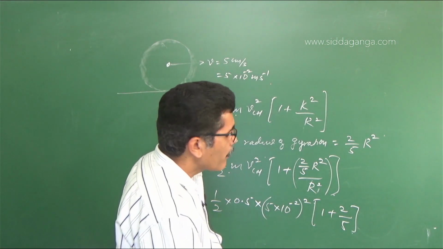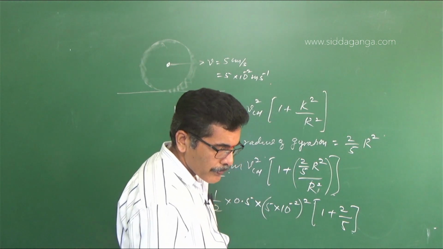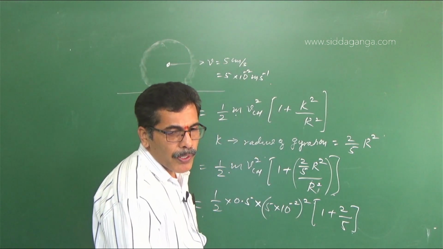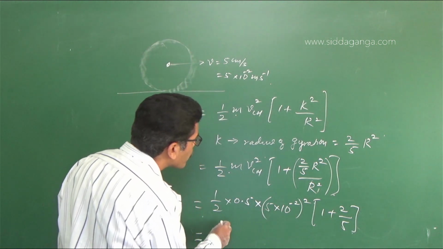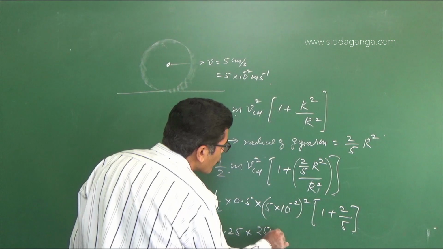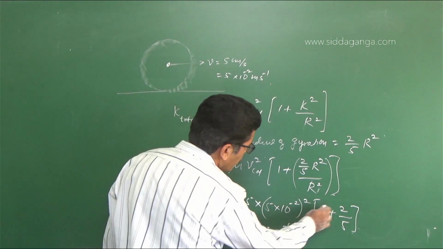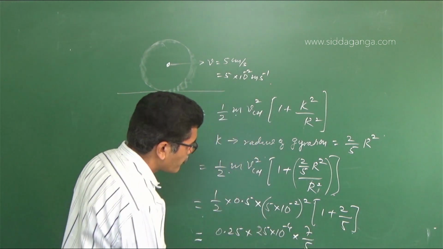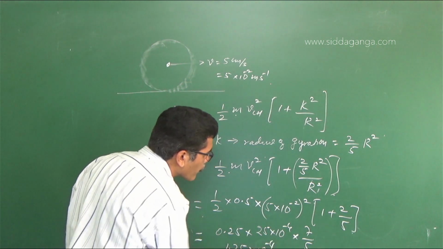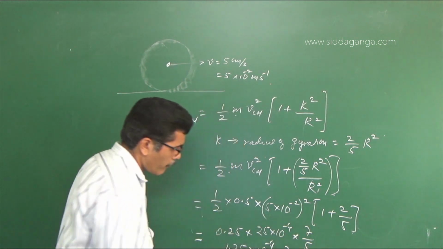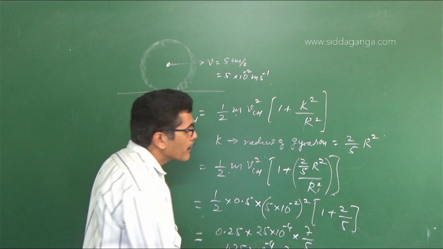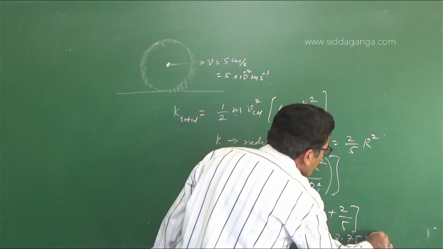When you simplify, it will be 0.5 by 2 is 0.25, this is 25 into 10 raised to minus 4, into 7 by 5, which is 1.25 into 10 raised to minus 4 into 7, giving 8.75 into 10 raised to minus 4.